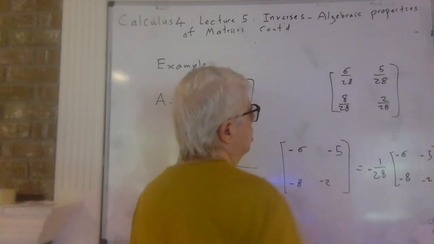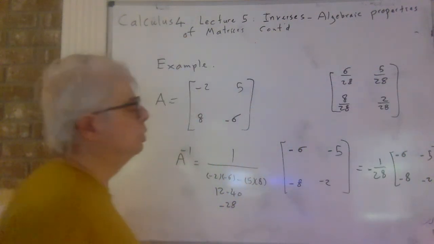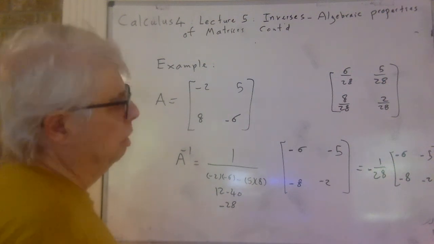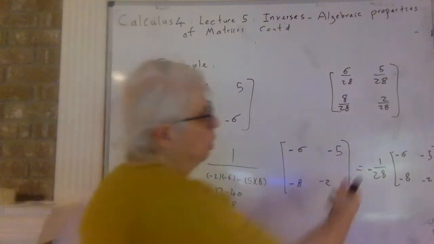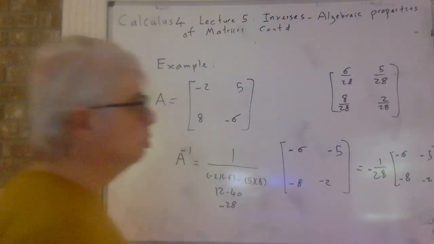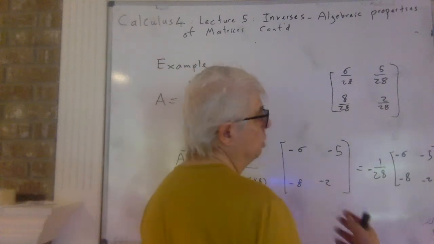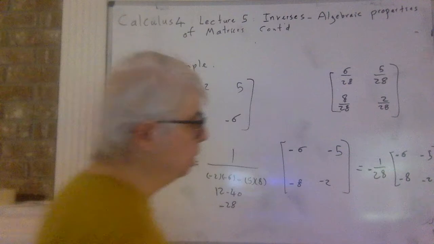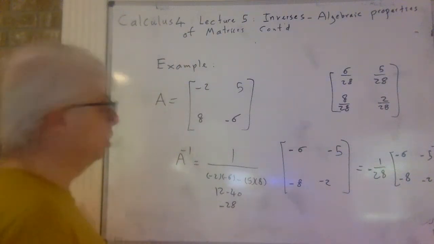Yeah, I know these can be simplified by 28, but I prefer this one because if you want to multiply this by something, it's easier, because these are all integers and it's easier to multiply integers than fractions.